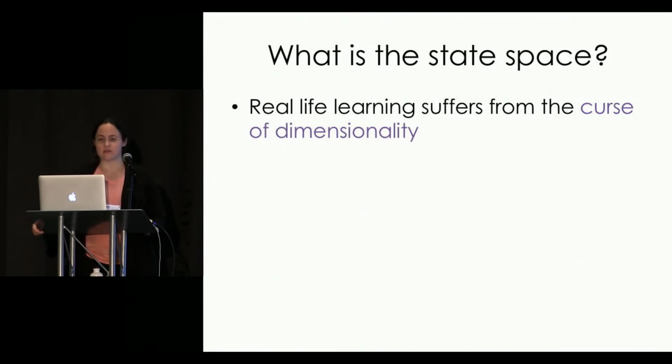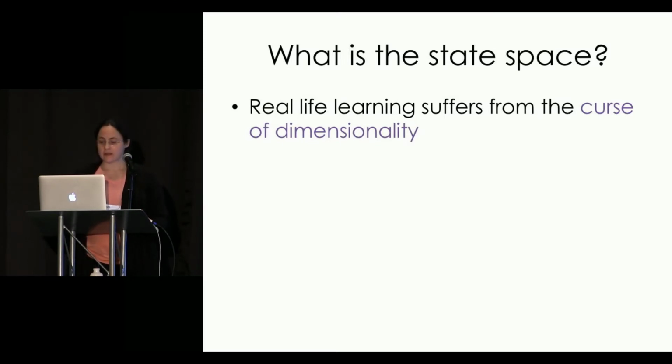Okay. So what this is an illustration of is the fact that real life suffers from the curse of dimensionality, and that most reinforcement learning methods are exponentially slowed by much more complex inputs, which makes it really hard to understand how learning fast, as humans do, can happen.